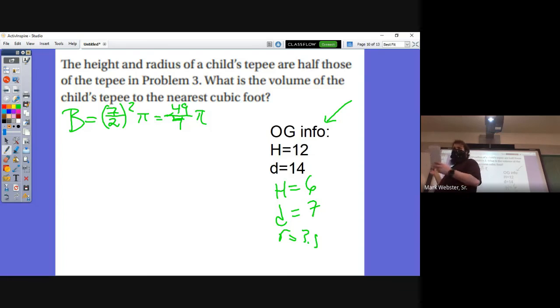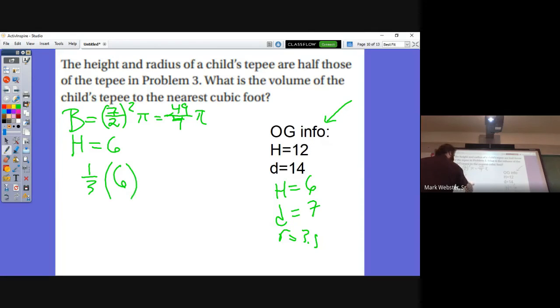But it comes out to like 13 something, I think. And then the height is 6. So now all you have to do is 1/3 times that, and you can just throw that in the calculator and you round and you get 77. 77 fortissimo, because I just wrote 2 F's in a row.